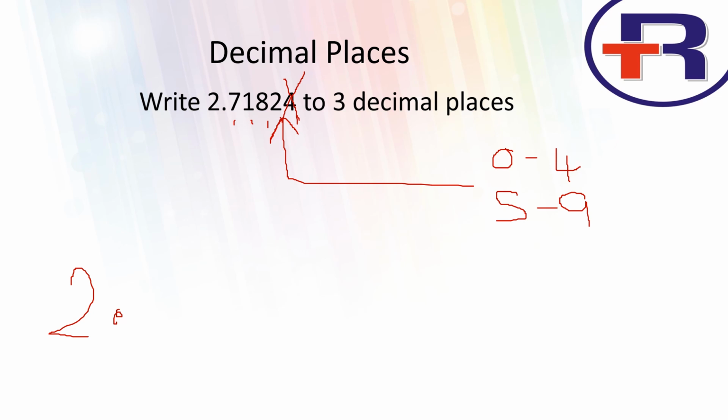So in this instance, the number stays as 2.718, purely and simply because the 4th decimal place is a 2, which falls in this category of 0 to 4. If that 4th decimal place had been a 5, 6, 7, 8 or 9, then the answer would have become 2.719. That's the importance of decimal places.